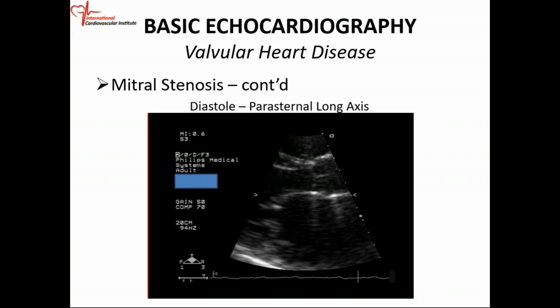And again, the subvalvular apparatus commonly is involved. The subvalvular apparatus includes, of course, the chordae tendineae, and the papillary muscles to a lesser extent. The cords will get shortened, thickened, and calcified in some of these cases, okay?